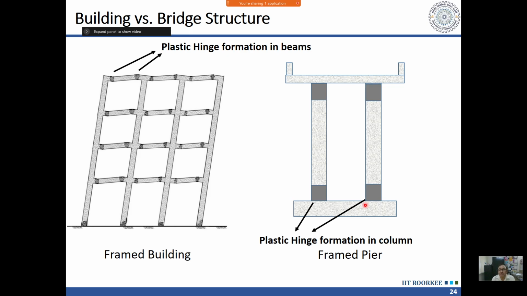Earlier, if you remember, the code was giving different response reduction factors for bearing, foundation and piers. Substructure was different, and the foundation response reduction factor was smaller. If it was 3-4 for columns, for foundation it was 2.